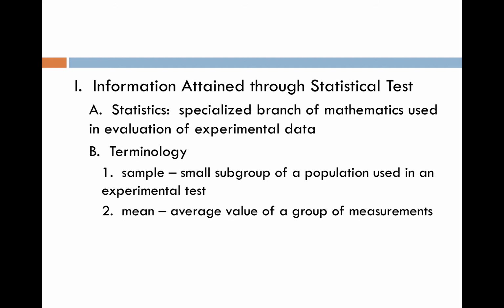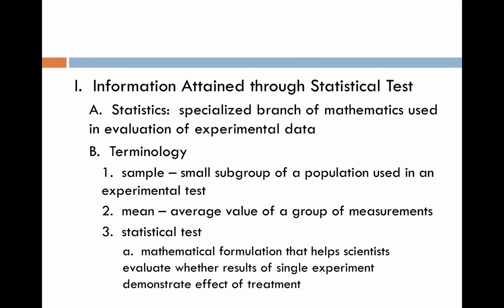We're also going to take a look at what a statistical test is. It's a mathematical formulation that helps scientists evaluate whether results of a single experiment demonstrate an effect of treatment. So this would be based on just a single experiment.